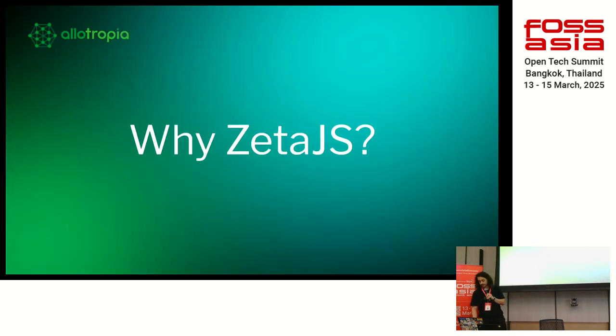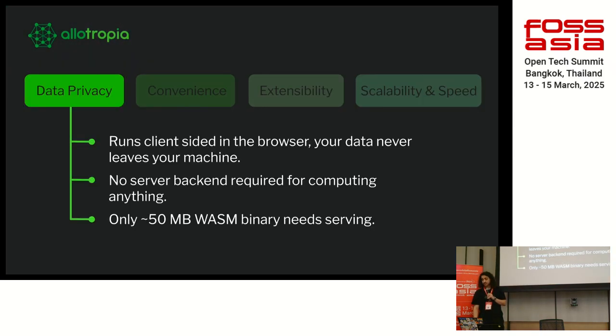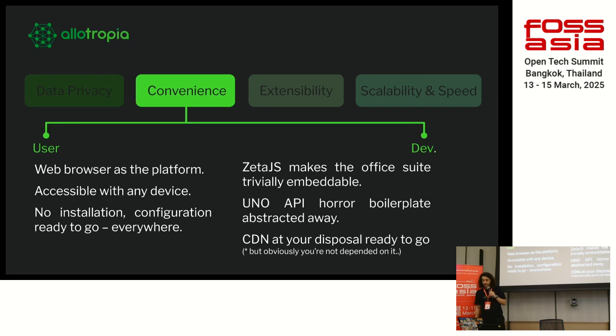You can make it integrated with anything basically. So why use Zeta.js? Data privacy is extremely important if you are into data sovereignty at all. We already talked about this. Data never leaves anything. And then I'd say convenience takes the second place.